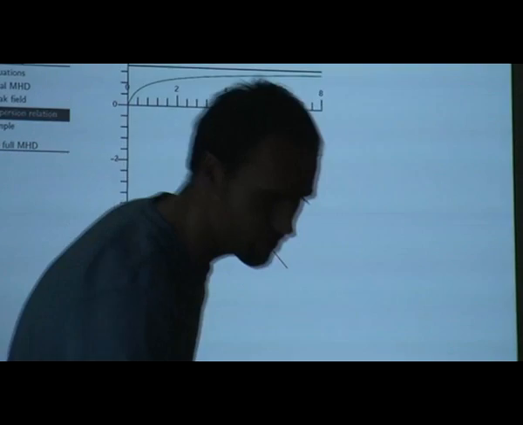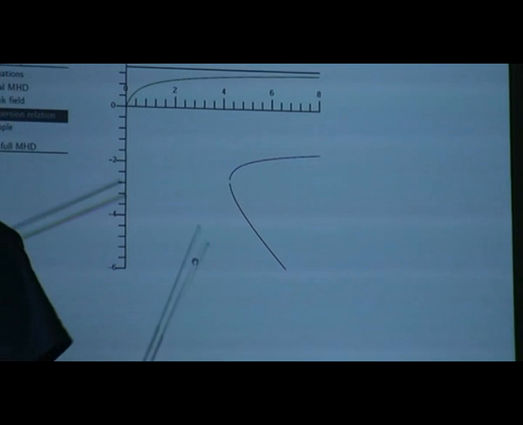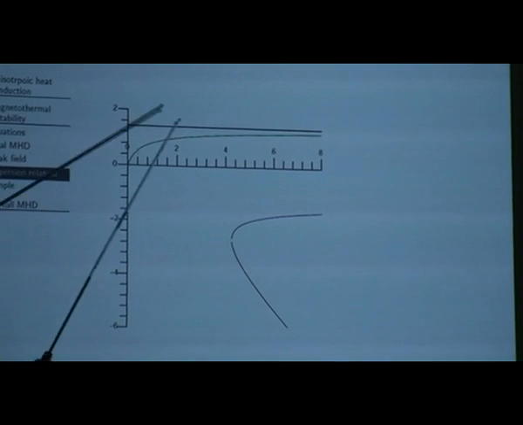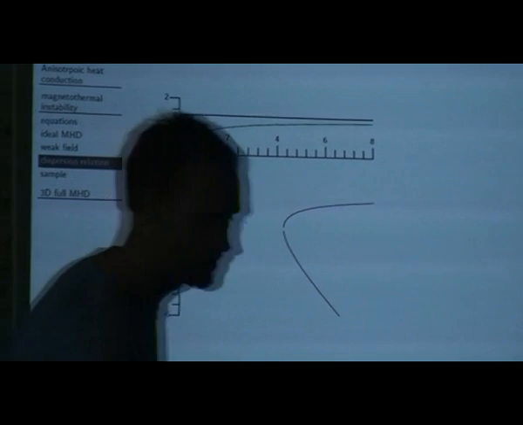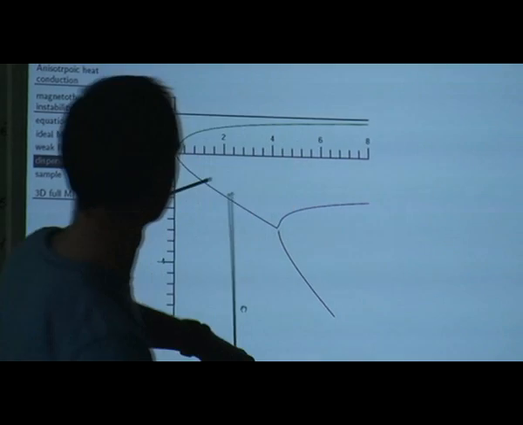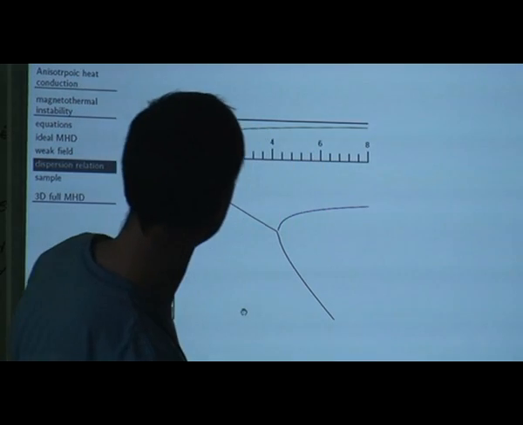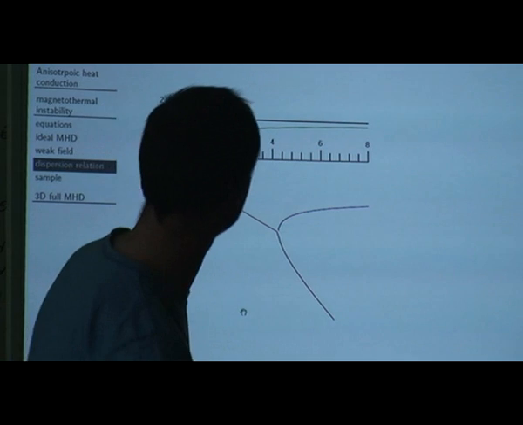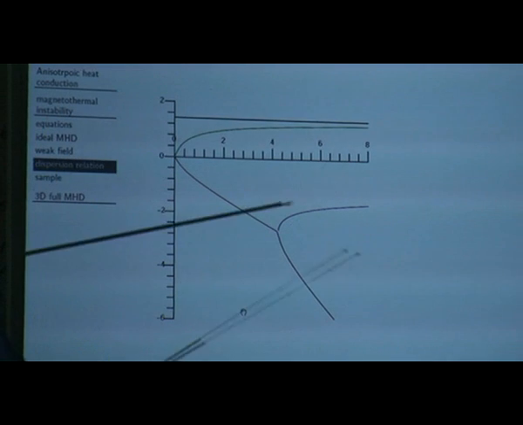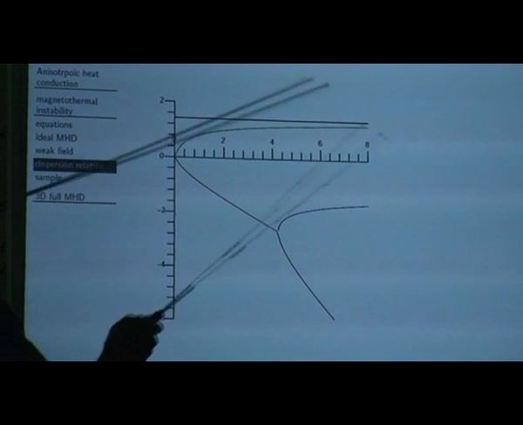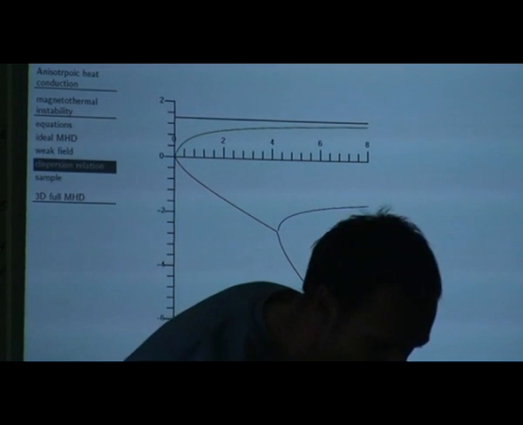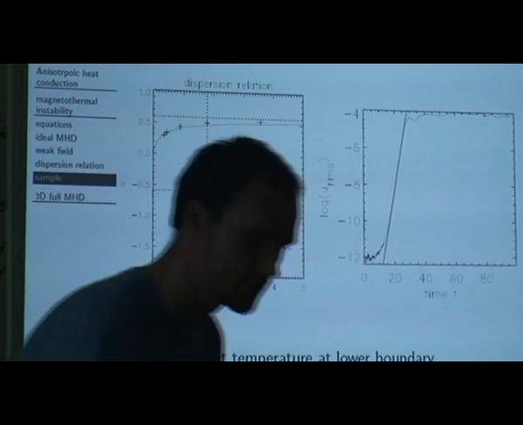And then you can plot the dispersion relation, which has a real part or a positive part and a negative part. The negative part includes two different parts, which is just shown here. It's blue and red, and green is positive. What we can try to make in this code is only the positive part, which is clear. And that I did.